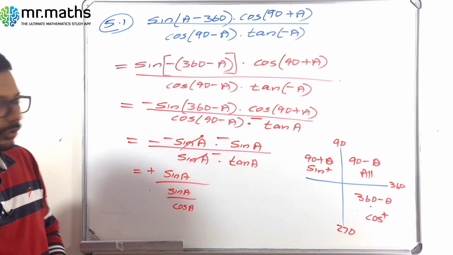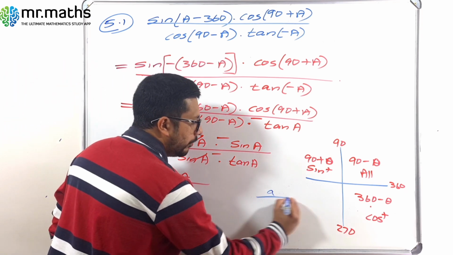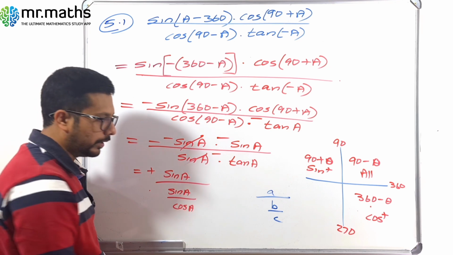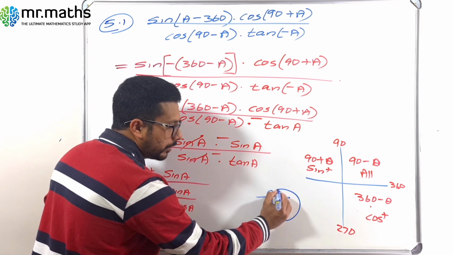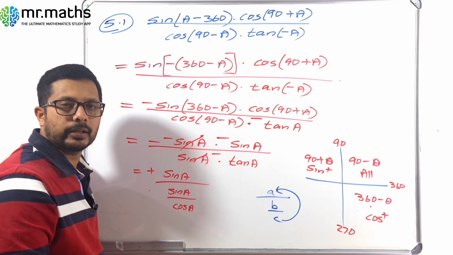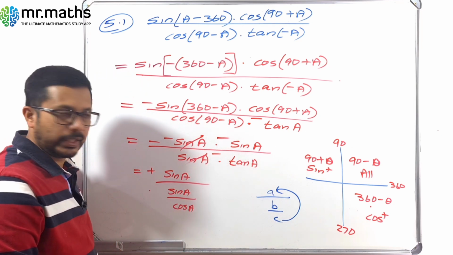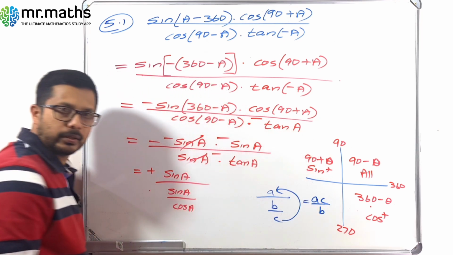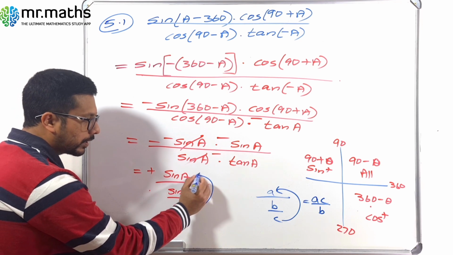So here, in class you studied A divided by B by C. If something comes like this, then you have to understand that this C will go to the numerator and multiply, A times C divided by B. Like that, this cos a will go to this side.